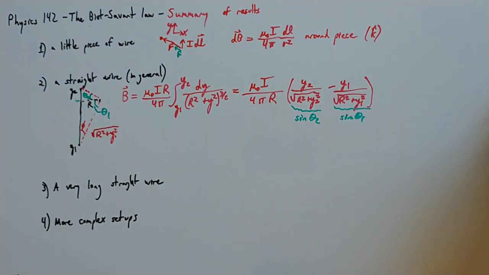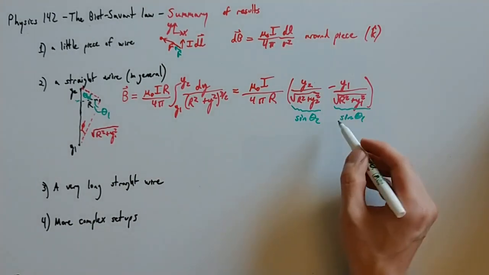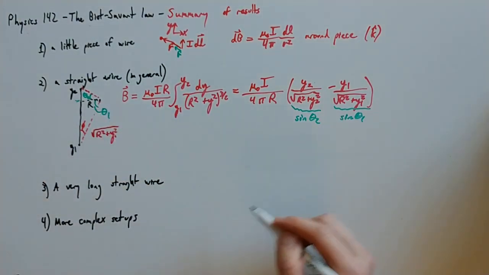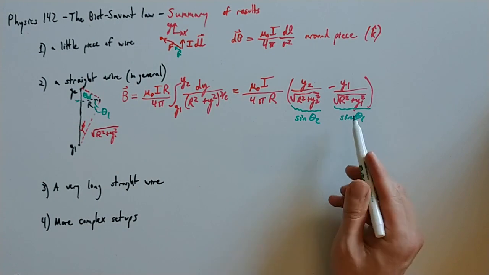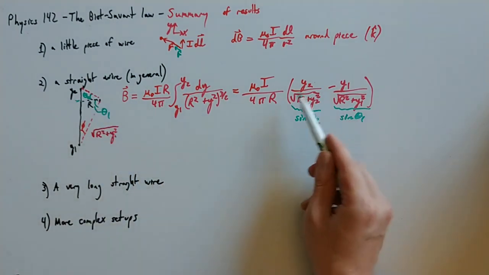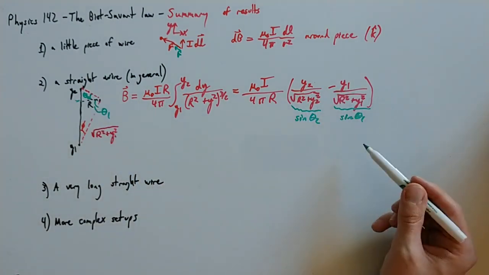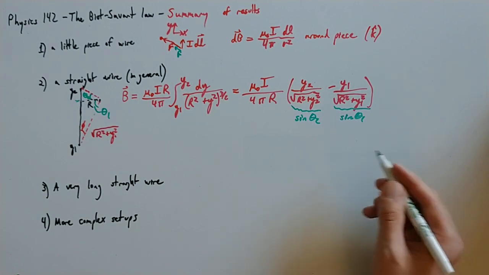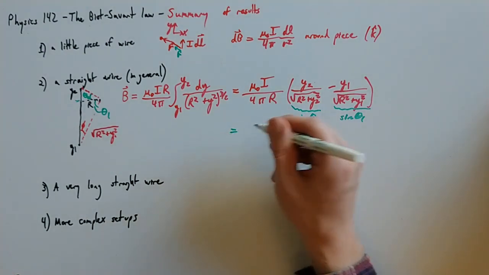A lot of textbooks will write the formula in terms of these angles rather than in terms of the points y2 and y1. I don't really care; they're equivalent.